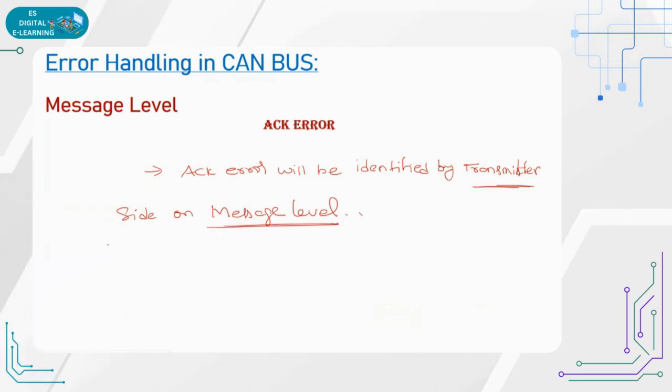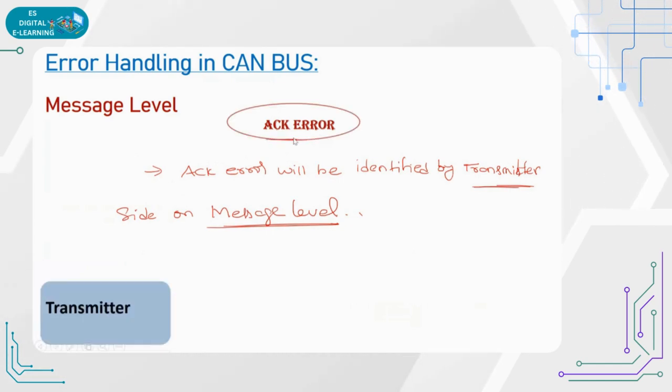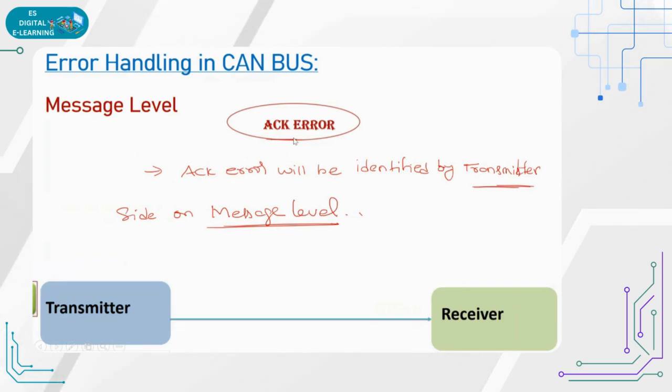Okay, so this is the one point you should write it down. Whatever the acknowledgement, it will be identified by the transmitter, and whatever data we are able to send from transmitter to the receiver, the transmitter will wait for the acknowledgement. If I am not able to receive the acknowledgement, then the transmitter will say, you are not giving the response to me, it is an acknowledgement error.